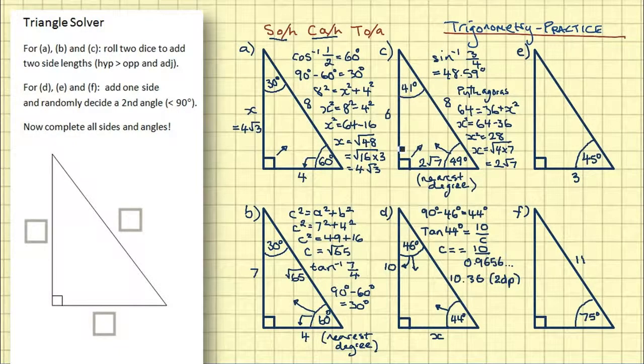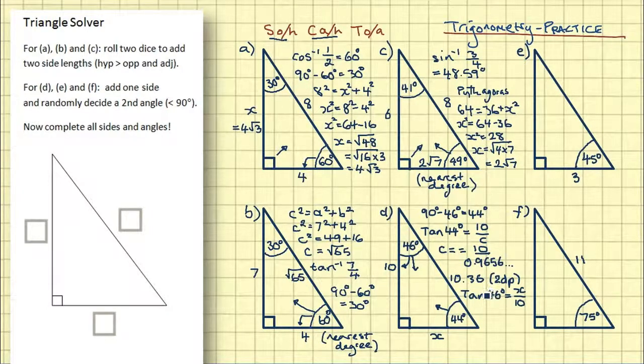In other words, I've got tangent again, so I'm going to have tan of 46 degrees equals X, which is the opposite, divided by the adjacent, which is 10.